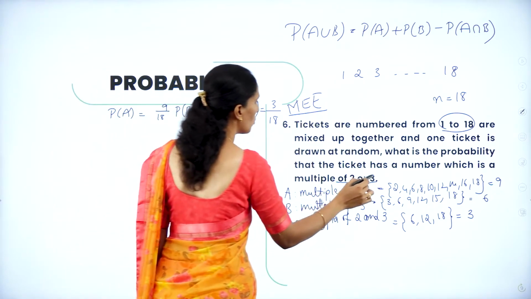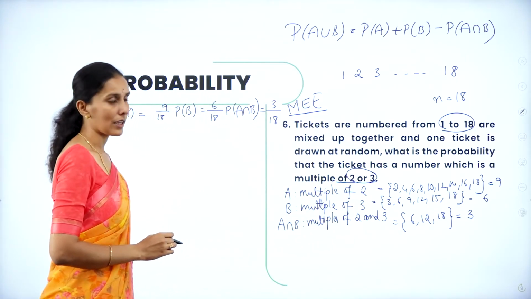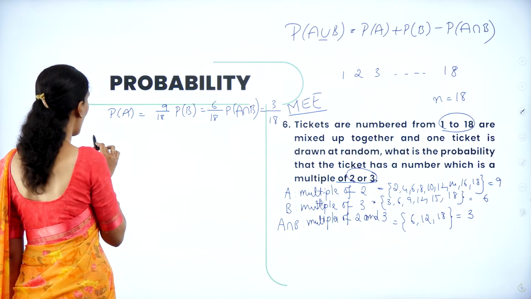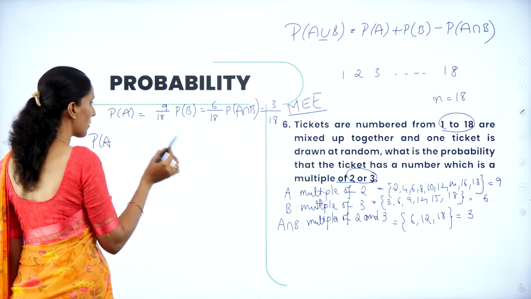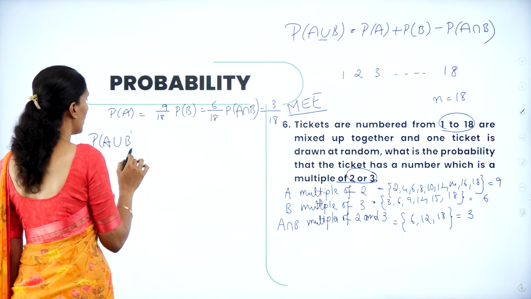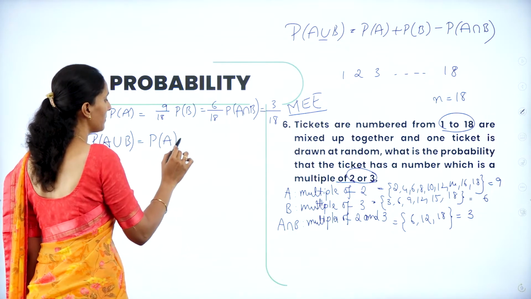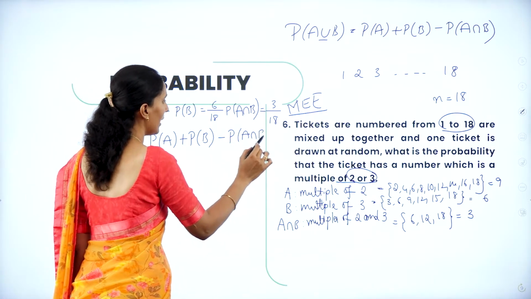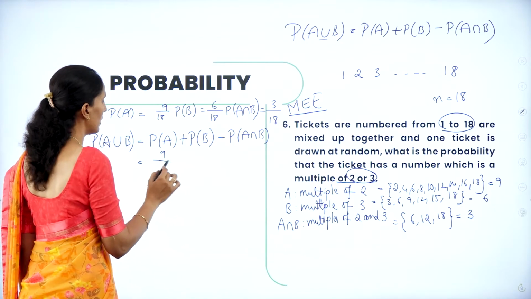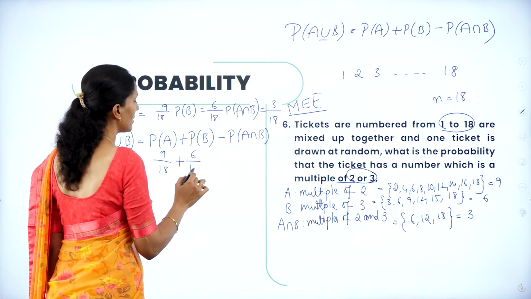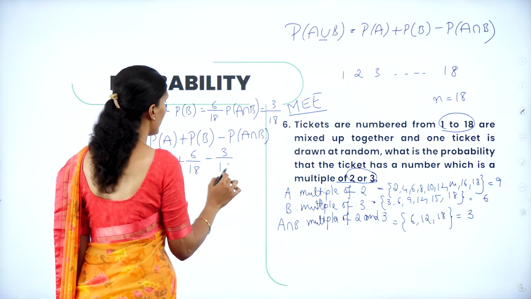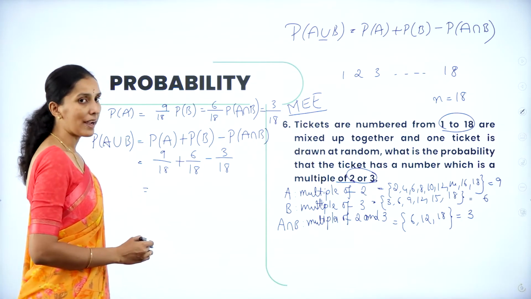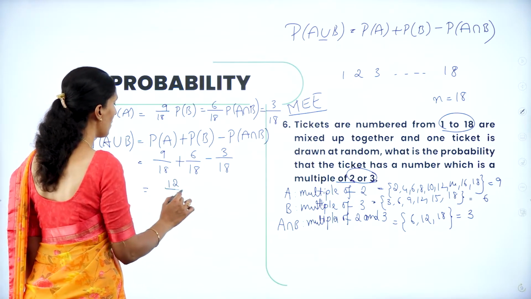Now I am supposed to find the probability of 2 or 3. That is, union is nothing but A or B. So 2 or 3 means probability of A or B. Or is represented by union. That is equal to P of A plus P of B minus P of A intersection B. So 9 by 18 plus 6 by 18 minus 3 by 18. 9 plus 6 is 15, 15 minus 3 is 12, which is 12 by 18.